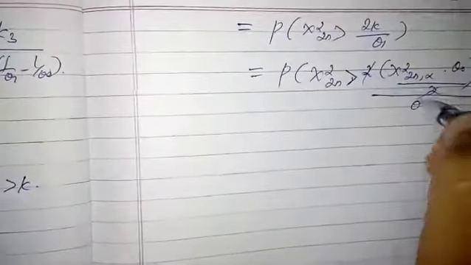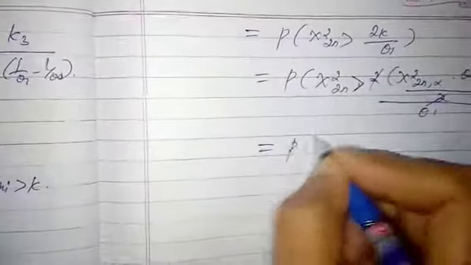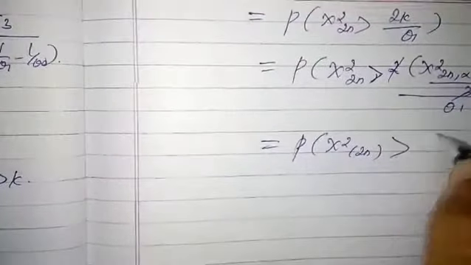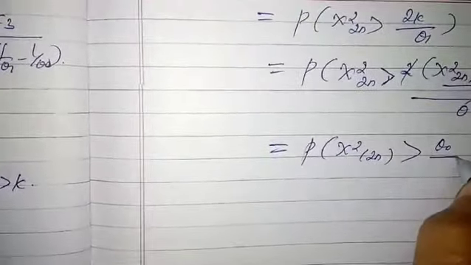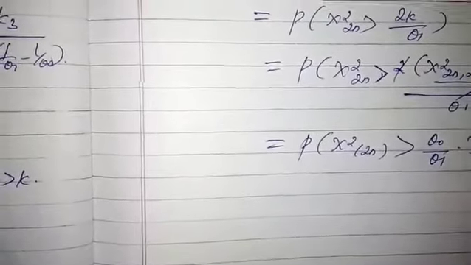And here the 2 cancels, which equals the probability of chi-square 2n greater than theta naught divided by theta 1 times chi-square 2n alpha degrees of freedom. This is the power of the test for this problem. Okay.